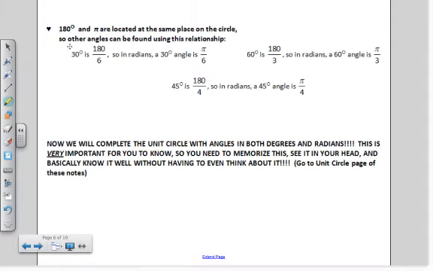So 30 degrees is 180 divided by 6. In radians, a 30 degree angle is pi over 6 because 180 and pi are the same thing. 60 is 180 divided by 3, so in radians, 60 degrees is pi over 3. 45 degrees is 180 divided by 4, so in radians, 45 degrees is pi over 4.